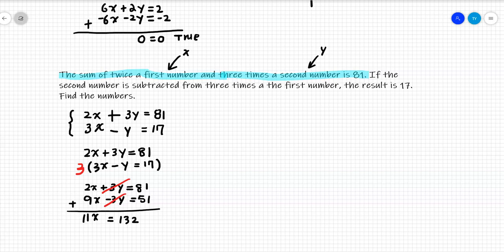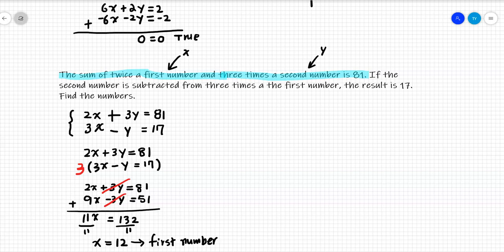So 132 divided by 11 is 12. We're going to divide both sides by 11 here, and x happens to be 12. That's going to be our first number. Right, first number is 12.